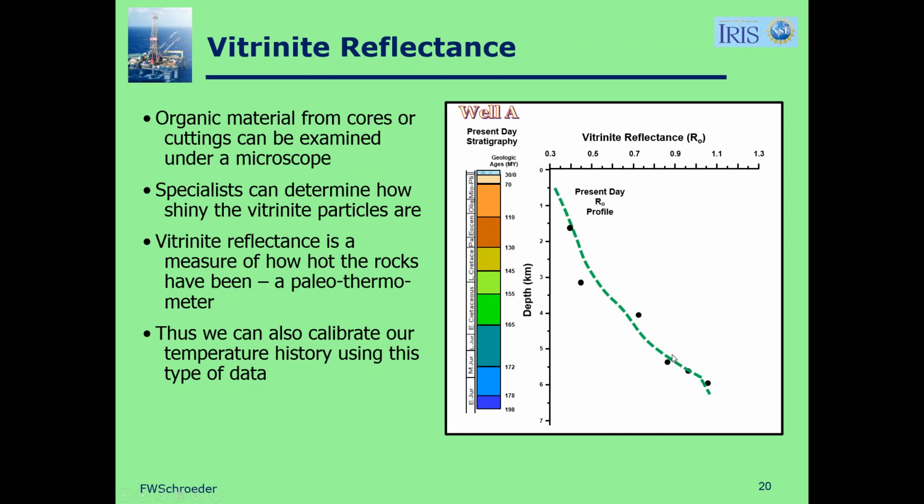And so again, I can see, do the model predictions of vitrinite reflectance, which is designated R sub 0 or Ro, fit those data values. There's less precision in Ro numbers, so a bit more scatter is acceptable.